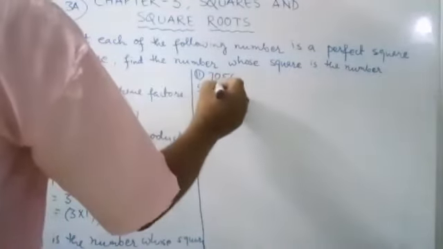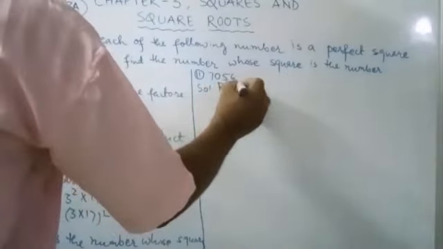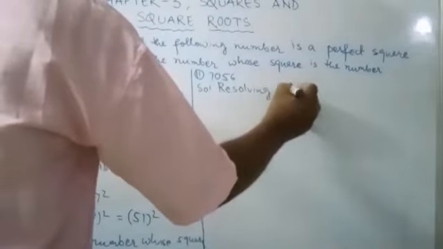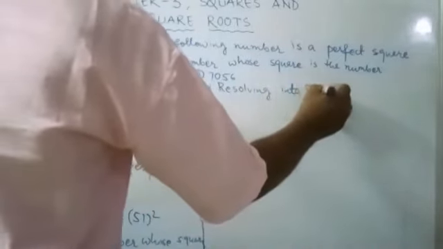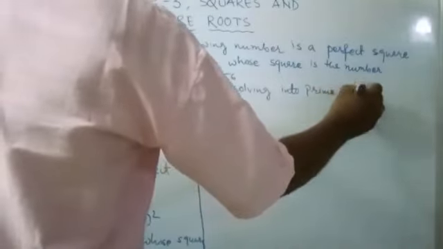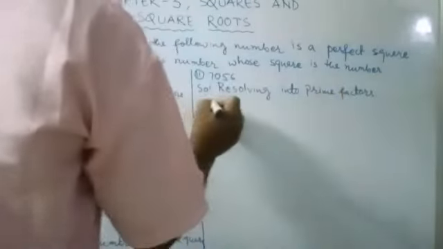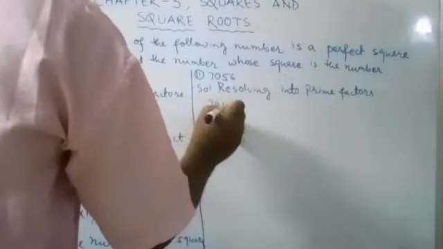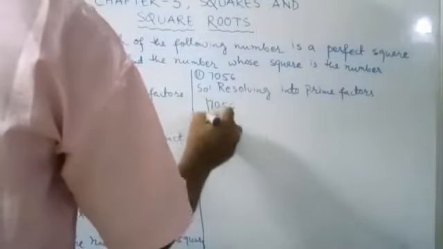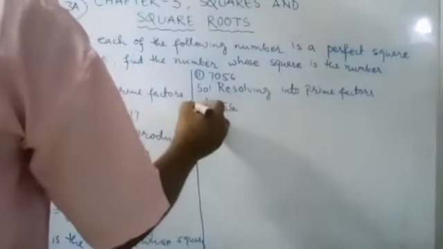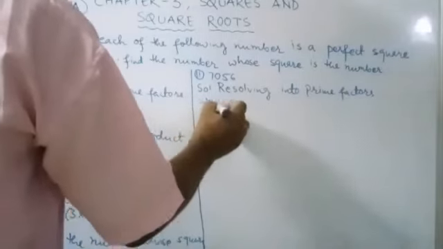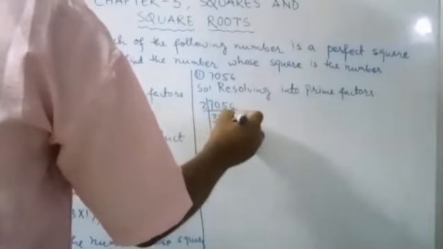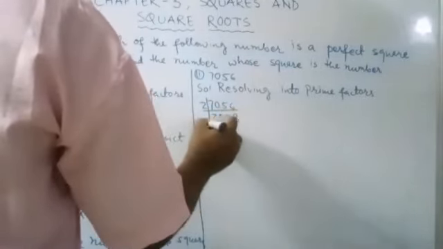Now the next question is 7056. Again 7056 is to be factorized first by using prime factors. 2 3s are 6, 1 carry, 2 5s are 10, 2 2s are 4, 1 carry, 2 8s are 16.